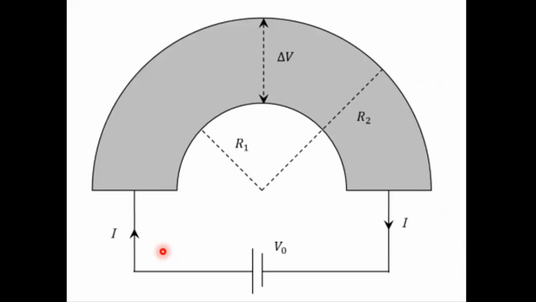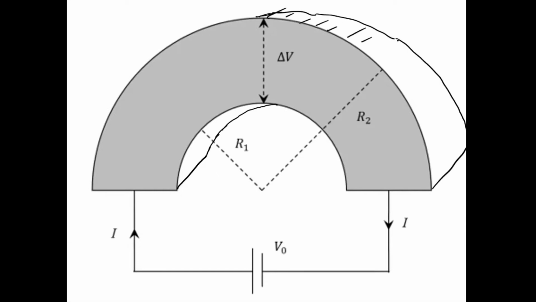So this was the diagram given in the question, and this is a 2D diagram. The thickness of the strip is T, so in 3D it will appear something like this. Here I've tried to show the thickness of this metallic strip, and this thickness is T. Let's take an element of radius r and thickness dr like this.